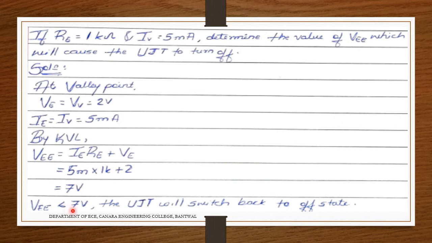But if VE is less than 7 volts, the UJT will switch back to the off state. So the minimum voltage to be provided is 7 volts. If it is more than 7 volts, the UJT will be on. If it is less than 7 volts, the UJT will be off.